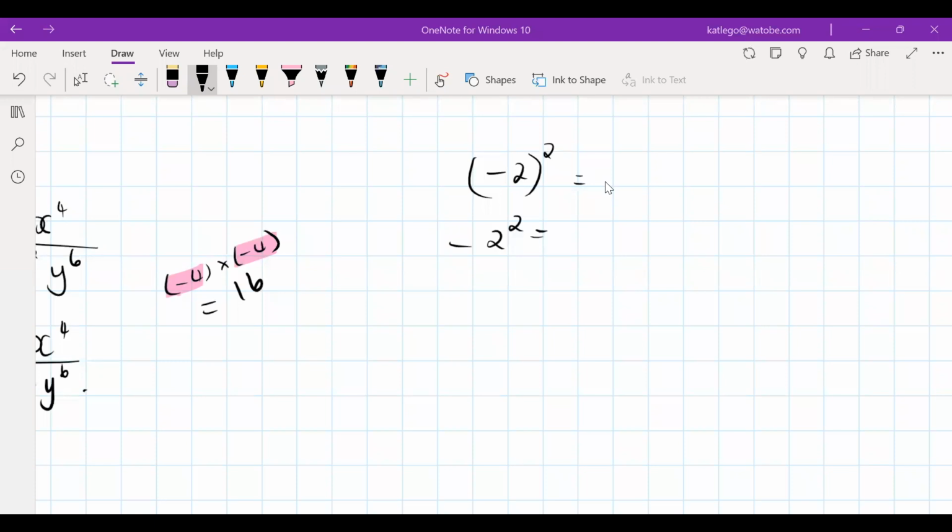So negative 2 to the power of 2 would just remain as, wait. Okay, some people say yes, some people say no. People who are saying yes, there's a difference, tell me what the difference is. And people who are saying no, tell me what the answer is.